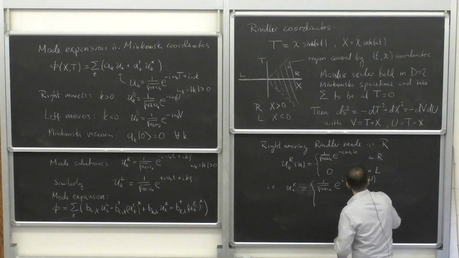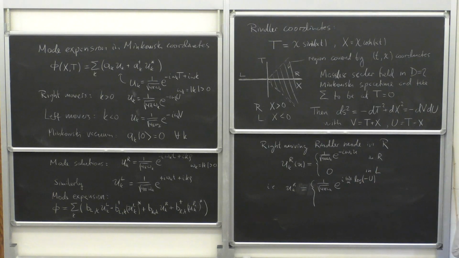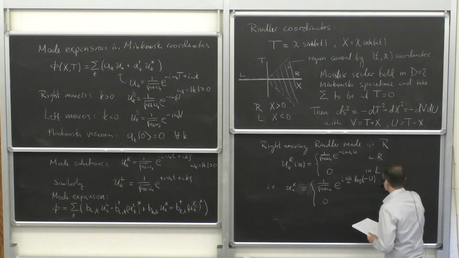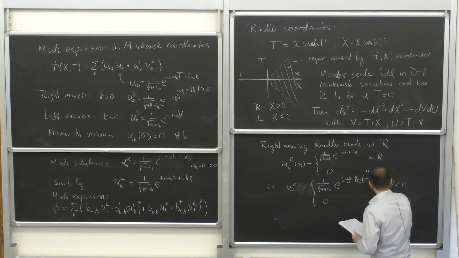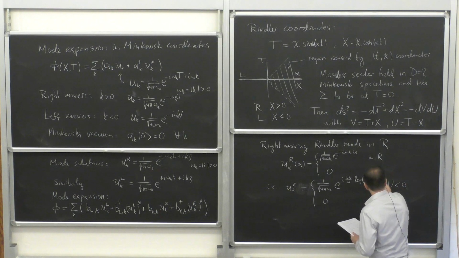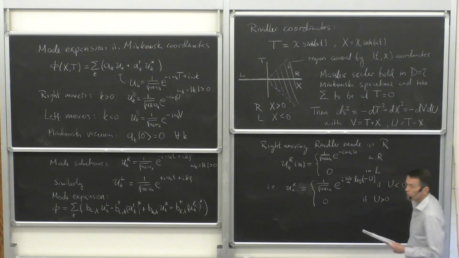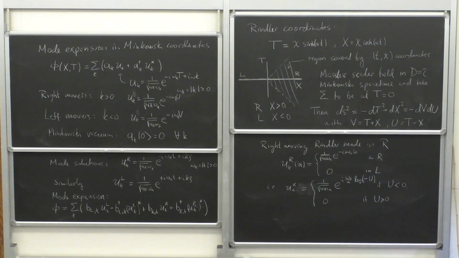This should look familiar from yesterday. This is very much similar. And of course 0 otherwise. This is if u is less than 0, and 0 if u is greater than 0.